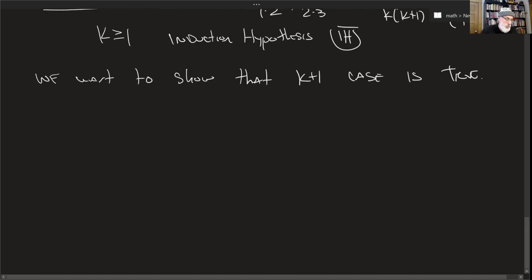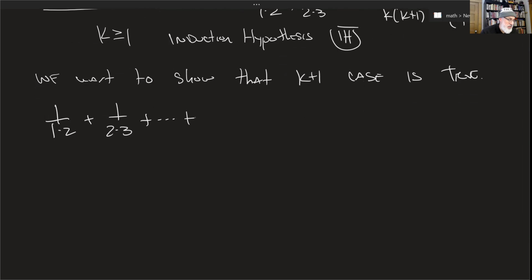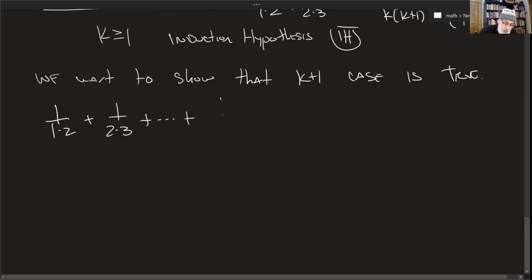What we're going to do is write down the k plus 1 case on the left-hand side and the right-hand side. So we should think of this as being the next term. So we know that this is true up until k plus 1 times k. Now I'm going to replace k with k plus 1.